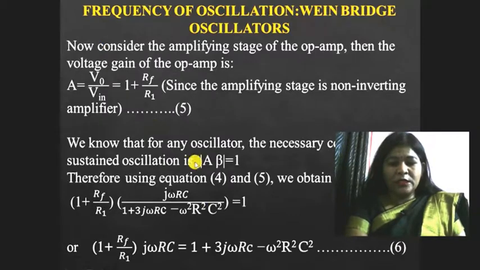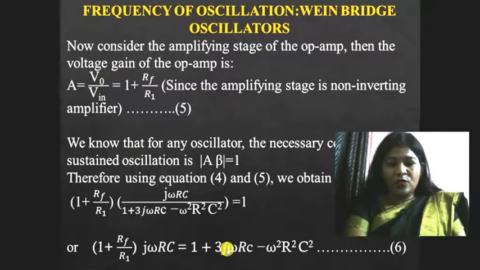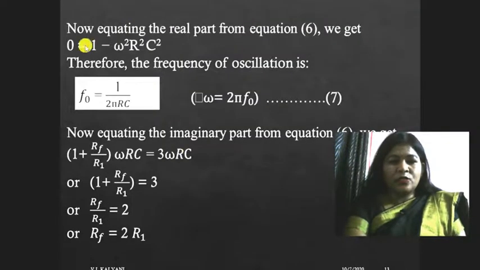1 is the real part, so we will consider only this 1, and this is the imaginary part, so we will not consider it. So after considering the real part from equation 6, we obtain 0 equal to 1 minus omega square R square C square.